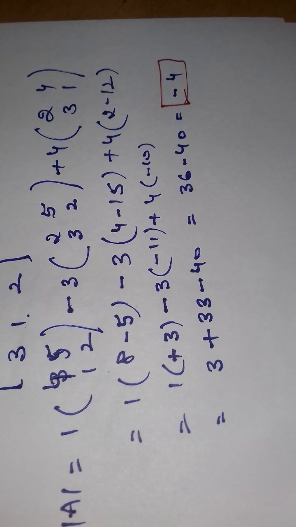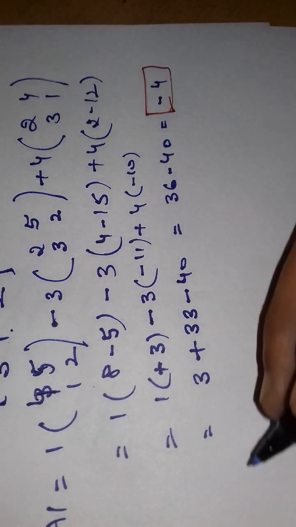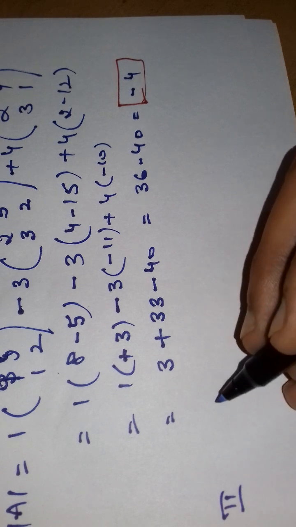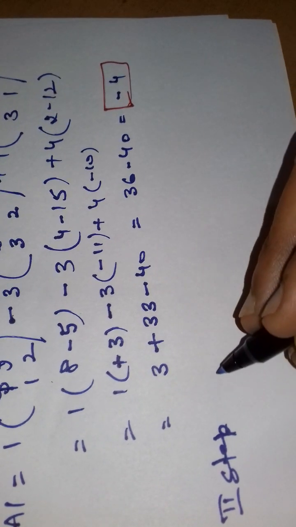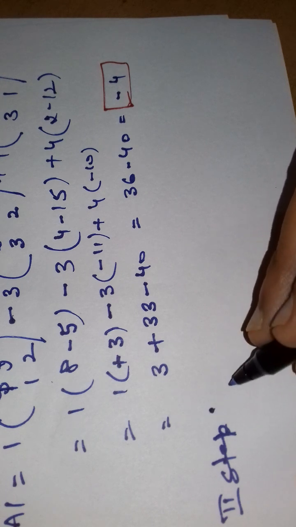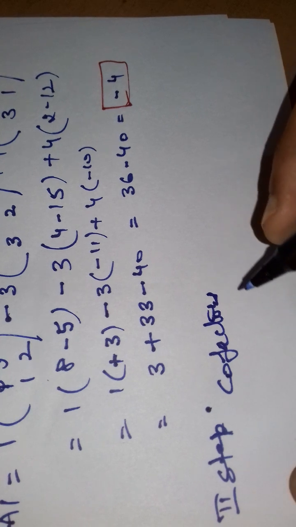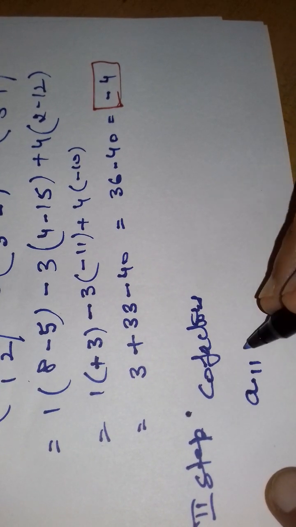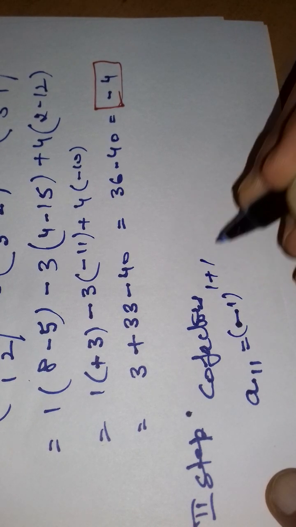Next one, let's find the cofactors. Second step is find the cofactors. Cofactors are, for example, A11 equals minus 1 to the power 1 plus 1.